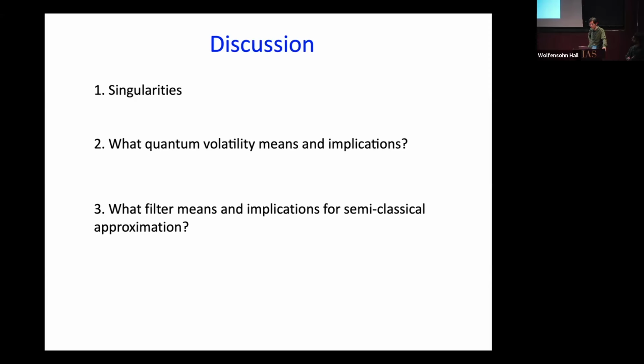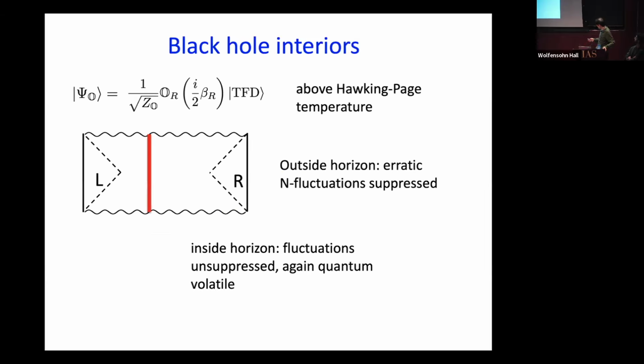Can you explain why in the long wormhole states, the interior could be volatile? Oh yeah, so the interior can be constructed using the modular flow, and the operator inside the interior can be constructed in the modular flow. And in this case, the operator essentially is a single trace operator, but it is dressed in a complicated way by this heavy operator. So this dressed operator is highly erratic. Okay, and so when you plug it into this psi O, yeah, it's a generic argument.